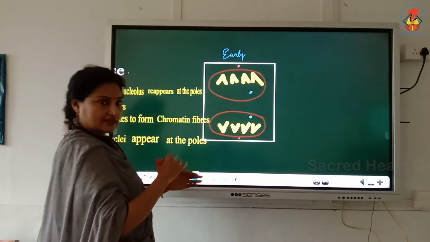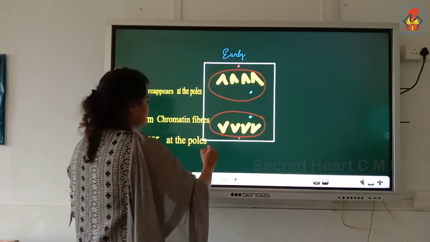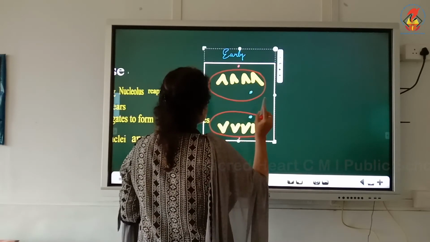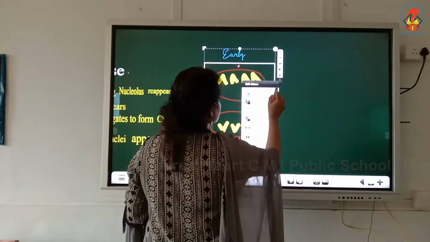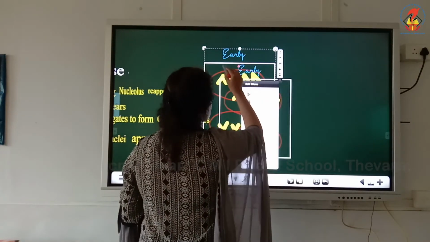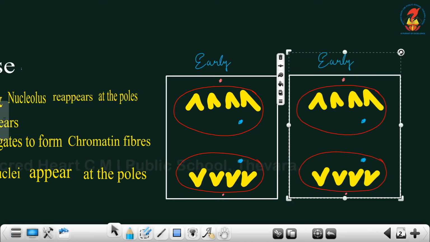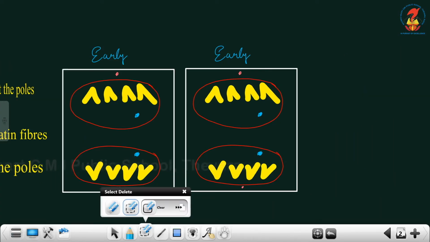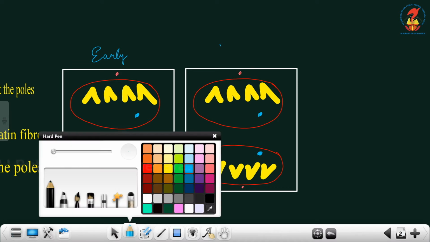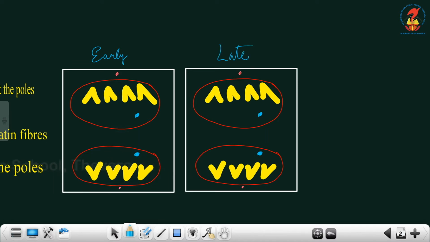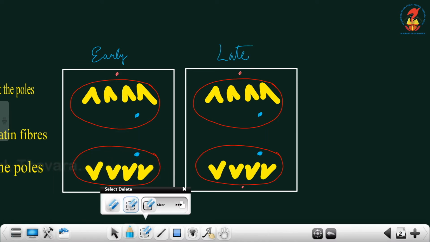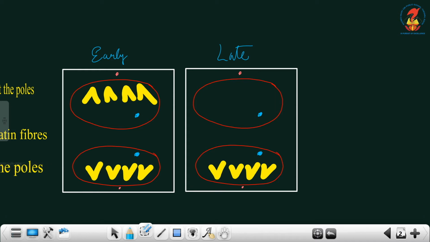Now I am going to make the late telophase, a replica of this diagram. In late telophase, the difference between early and late is with respect to the chromosomes.